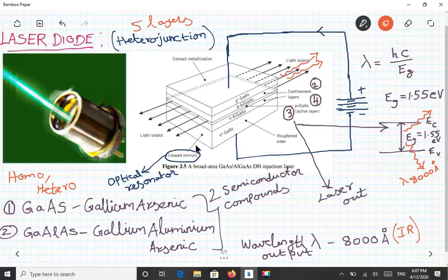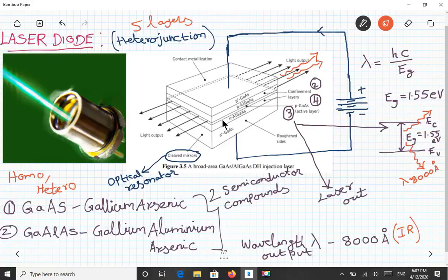If you structure the system with an optical resonator, then stimulated emission will be predominant, so that laser will come out. And if you do not finish it with the mirror, you do not have an optical resonator, then spontaneous emission will be predominant, so that you will get a normal light. So the output is defined by the stimulated emission. You know what is meant by stimulated emission.